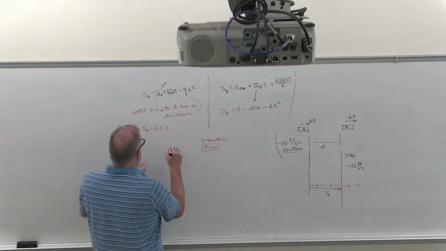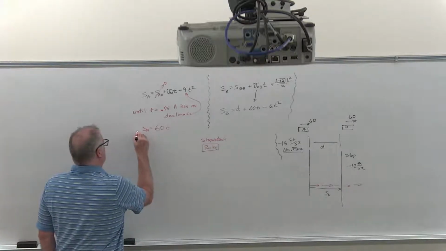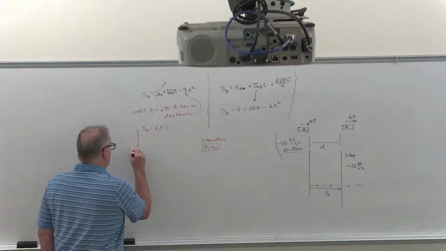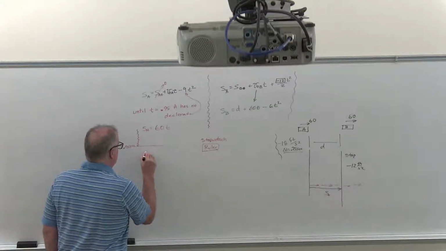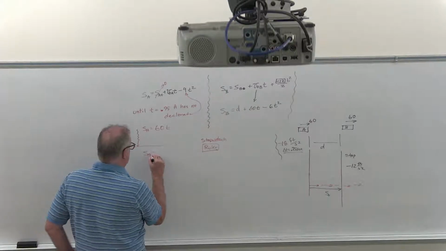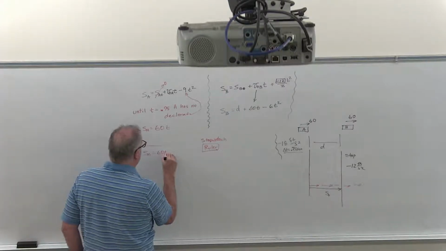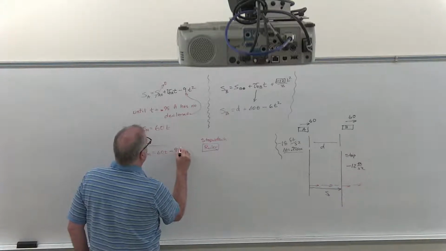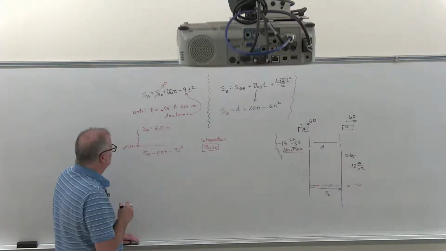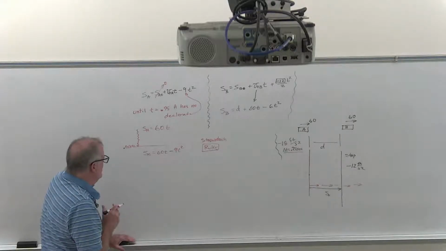T, and then time went on, and then at 0.75 seconds, suddenly SA now becomes 60T minus 9T squared. Now, that's not necessarily true.